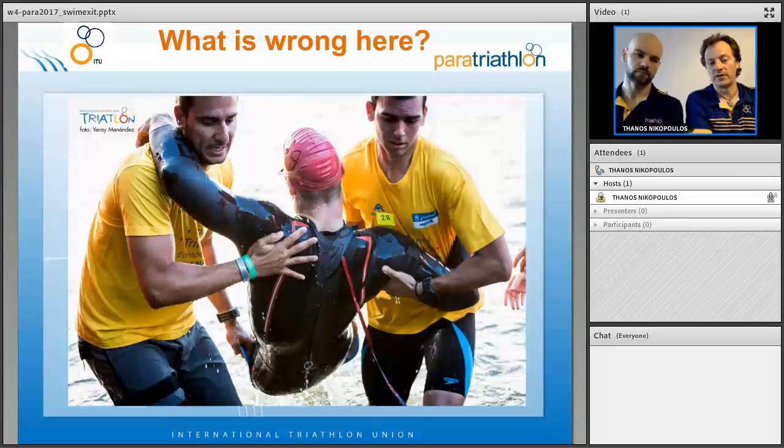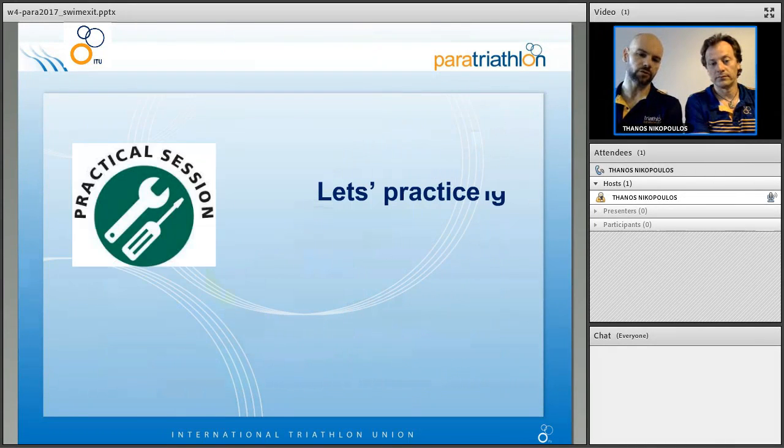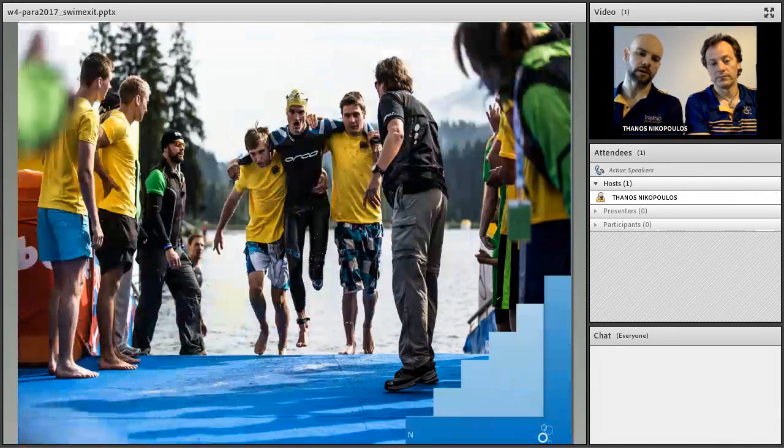So we always train the assistants to rectify the position, stop for 1 or 2 seconds if they need to recompose the position, in order to prevent any hazardous situation that could lead to an athlete falling.